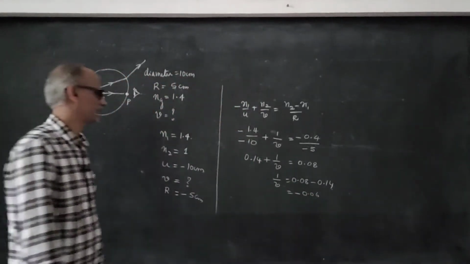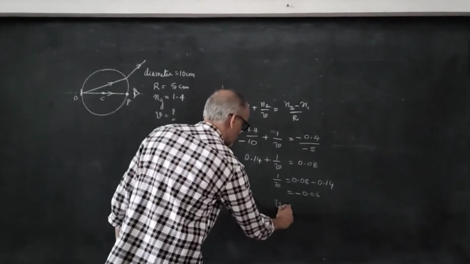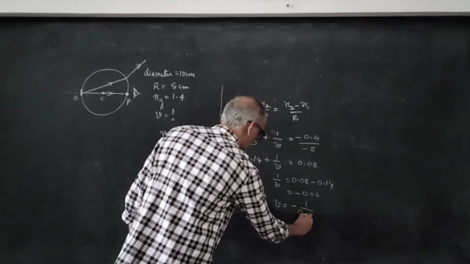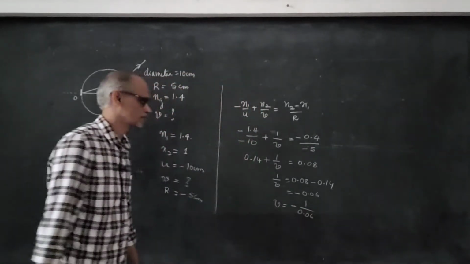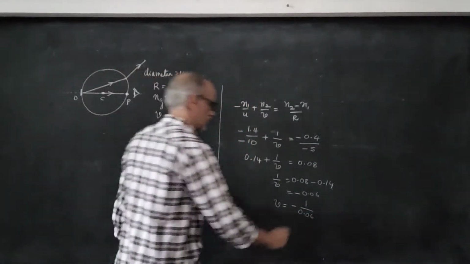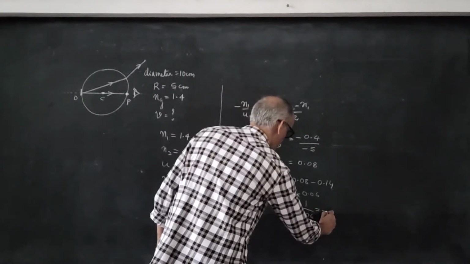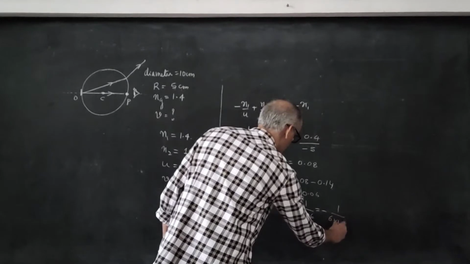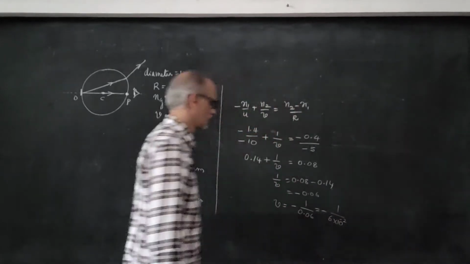We want to find the value of v. So, v is equal to minus 1 by 0.06, which is the same as minus 1 by 6 into 10 to the power minus 2, correct?